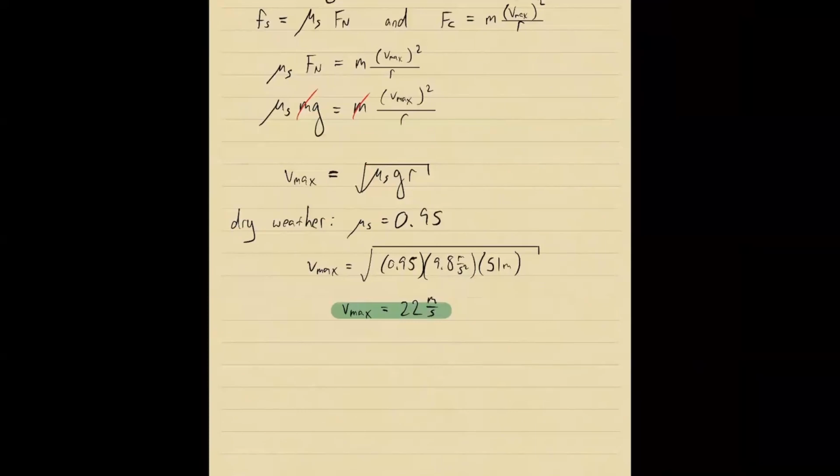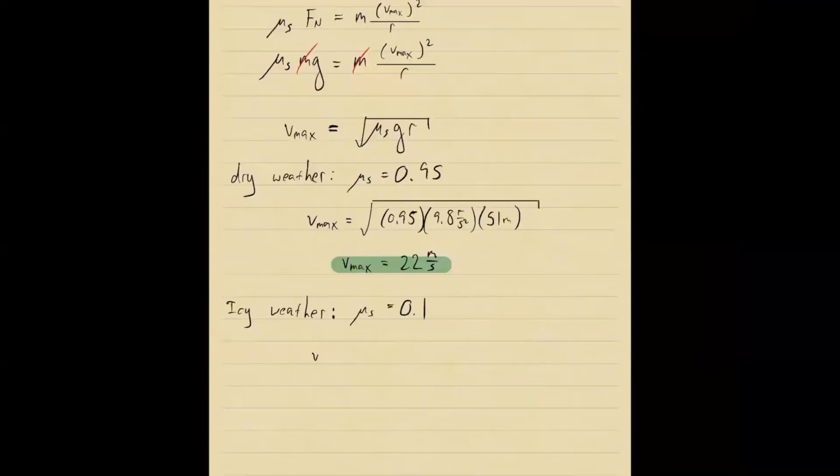Now let's look at icy weather. Right, and under icy conditions, apparently, our coefficient of static friction is just 0.1. So plugging that in, we have the max speed that our car can go around this track under icy conditions is coefficient of static friction times our acceleration due to gravity times the radius of our track.